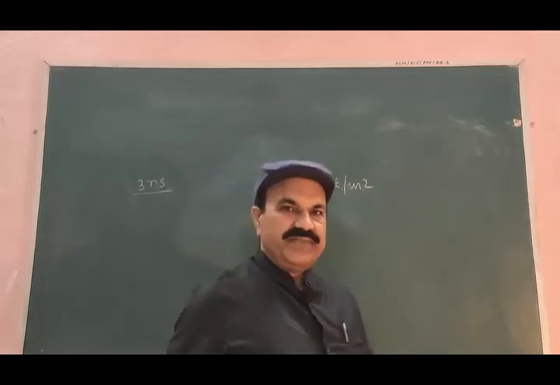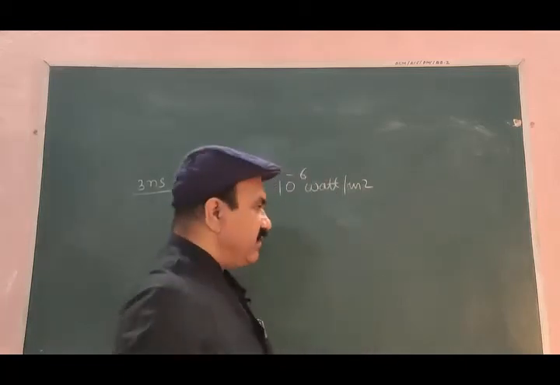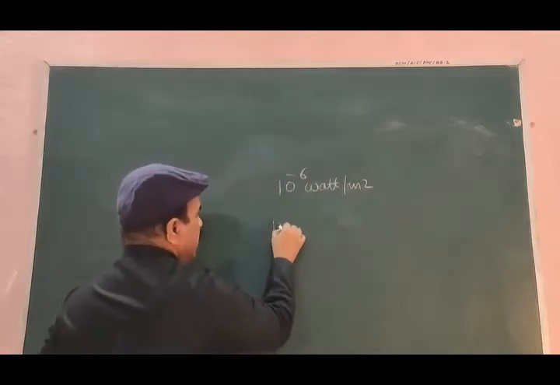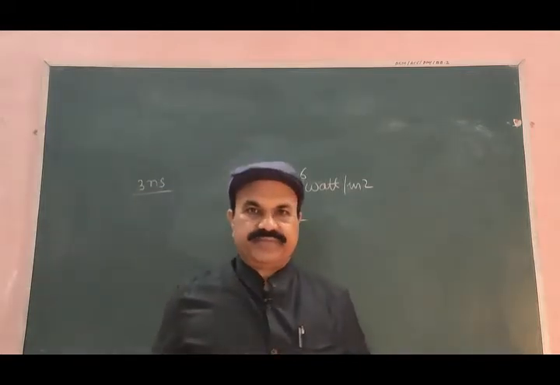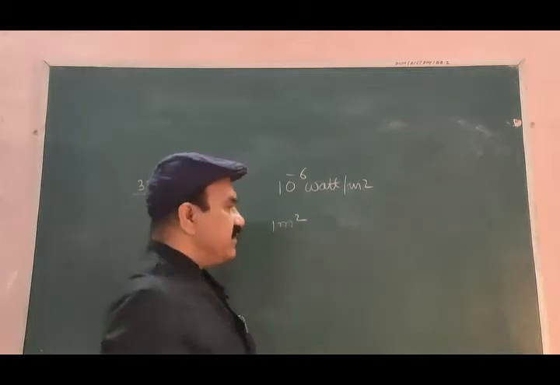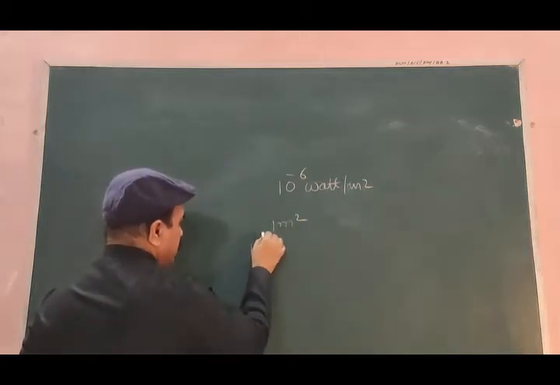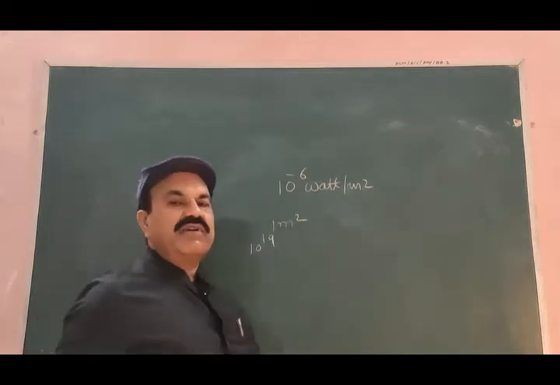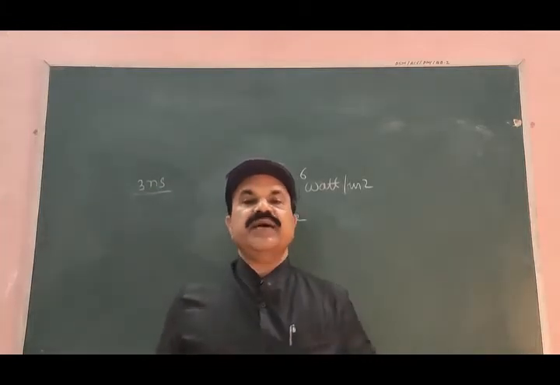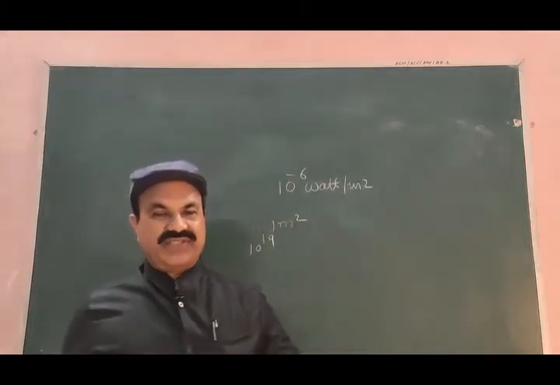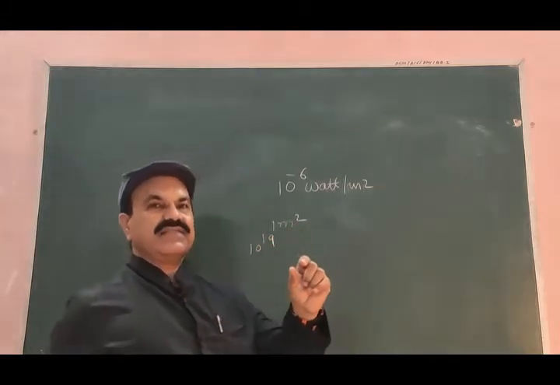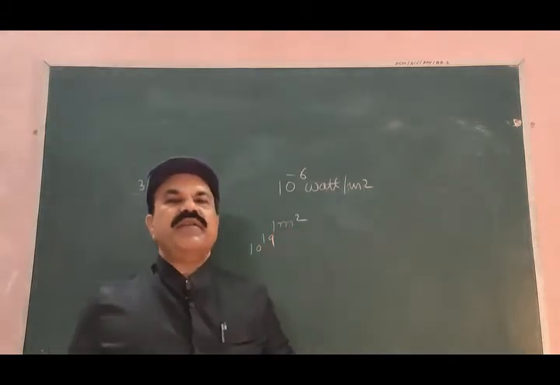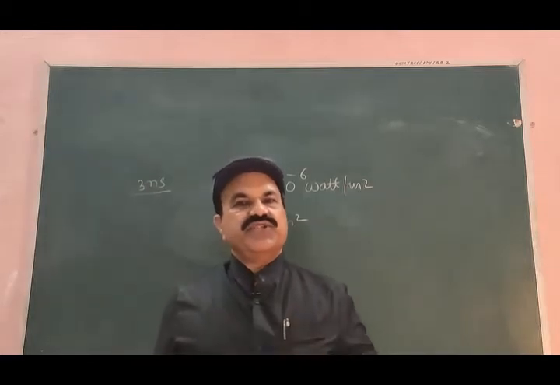Let us consider a sodium metal of area 1 meter square. There are about 10 to the power 19 atoms in one atom thick layer of area 1 meter square of the sodium metal.